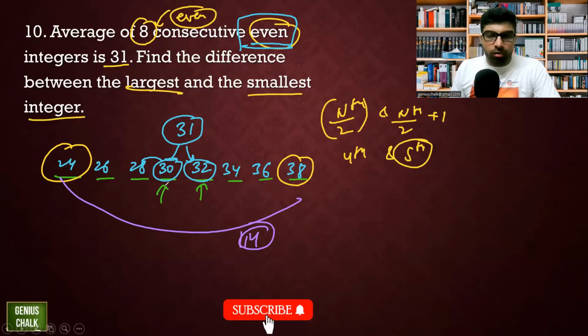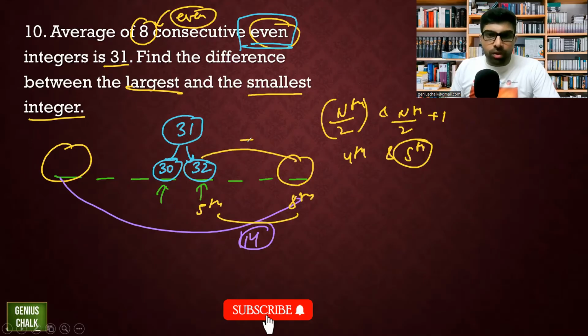So this is one way, right, which we have learned. Or second, from here, if you know this 28, 30 and 32, every even number has a difference of 2. So what jump do we need here? This is the 5th observation. To go to the 8th observation, you need to go here. So there is a difference of 3 steps and every step has a difference of 2.